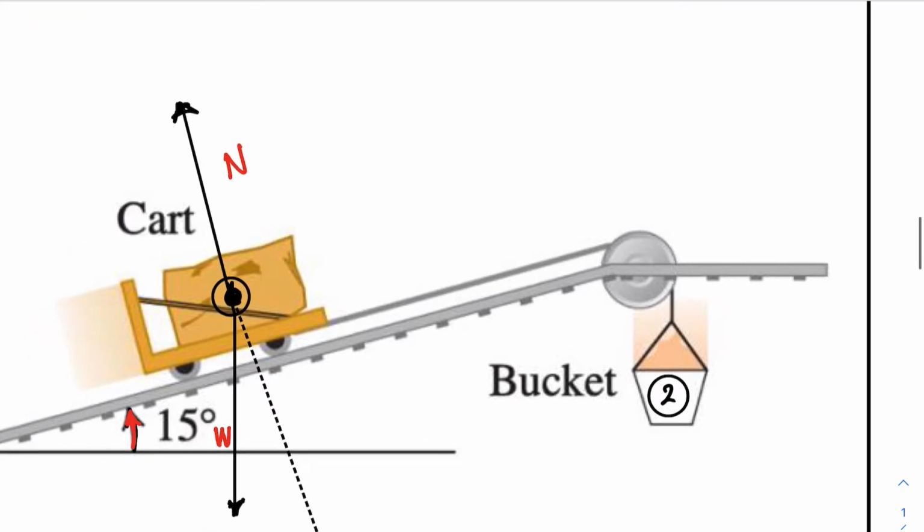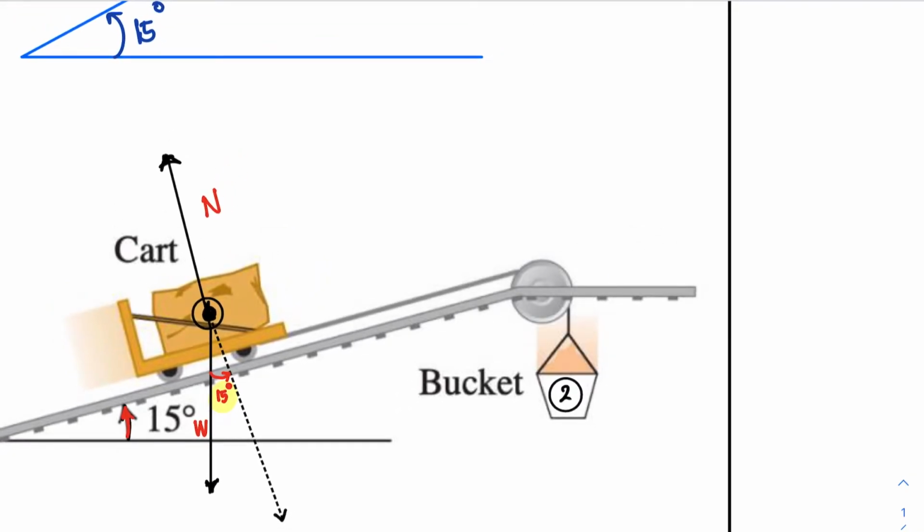Now, whatever the angle of the slope is, in this case 15 degrees, automatically, and I will not prove that this is a consequence of the geometry of the problem, the angle between your weight and the imaginary line I extended is the same angle, 15 degrees, automatically. So if you have problems that look like this, you don't need to search for where 15 degrees is, because 15 degrees will automatically lie between your weight and the imaginary line. Okay? That's the thing that I would like to emphasize.